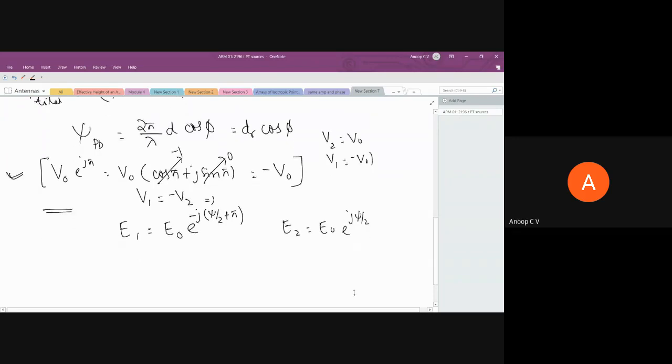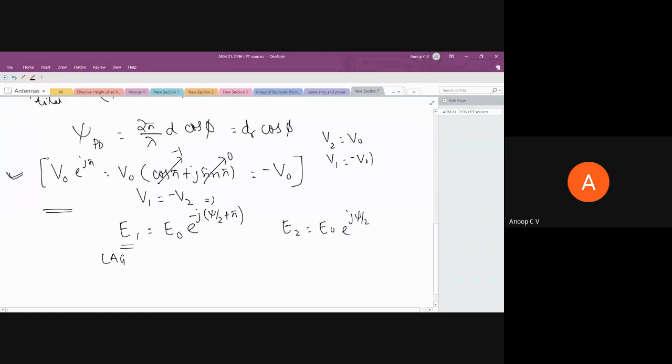I'll explain it now. With respect to the phase reference, E1 is lagging by an amount psi by 2 plus pi, because the radiation from source 1 has to travel more distance compared to origin. That is one thing.